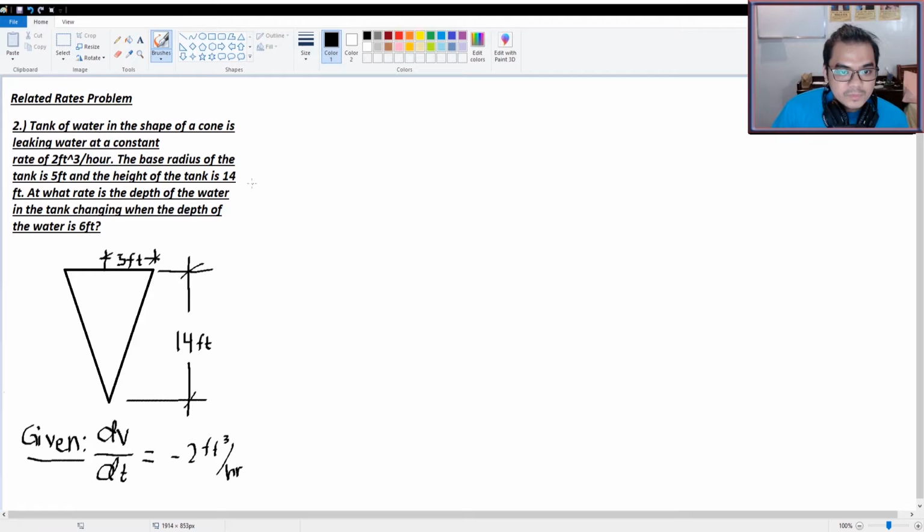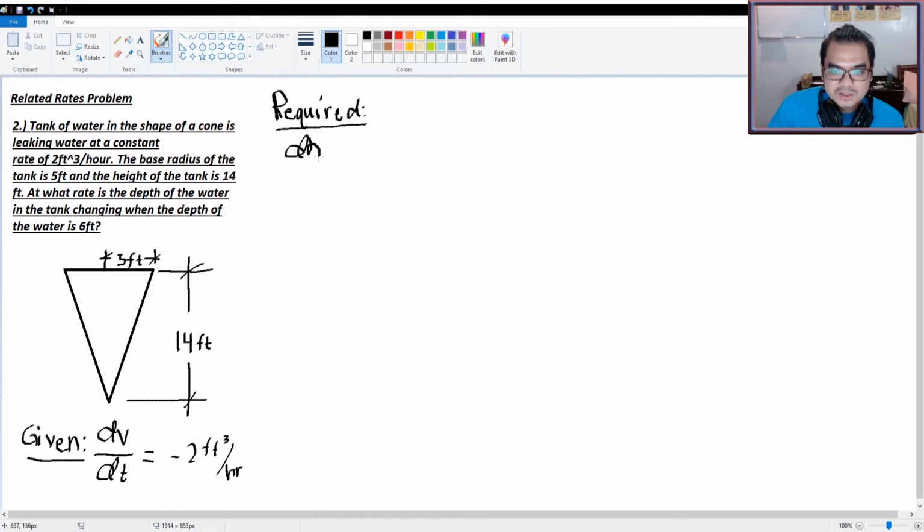Okay? Now we have 5 feet as a radius and 14 feet. So at what rate is the depth of the water changing when the depth of the water is 6 feet? Therefore, we are required now to find what? Depth rate. At what rate is the depth of the water in the tank changing? So the change in depth. So depth is also the height, right? So we can have the change in height with respect to what? Of course, with respect to time.